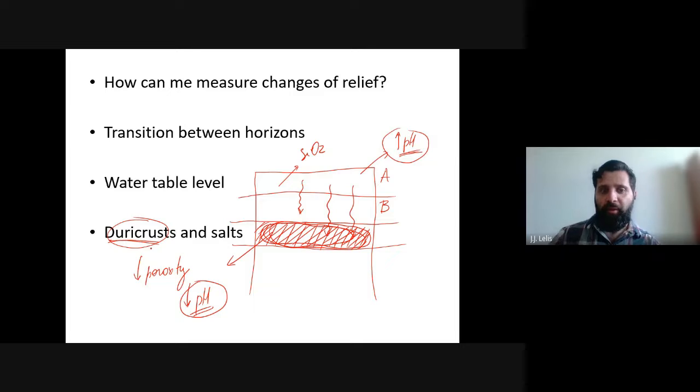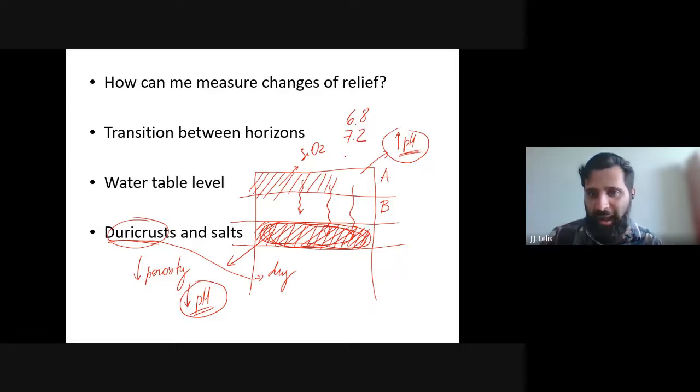It's why it's so common to find some dirt crusts that are composed of silicon in dry areas, because these dry areas present a surface horizon that has a high pH, something like 6.8 or even 7.2 or even higher, like 8.6.